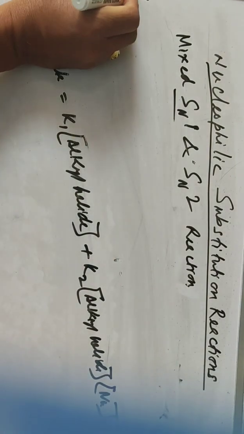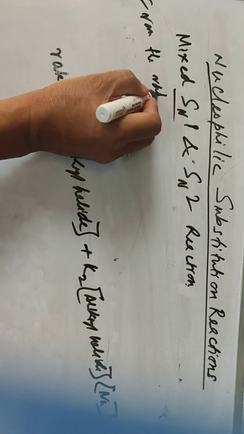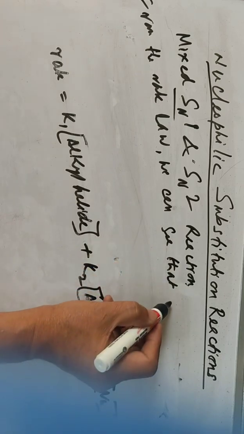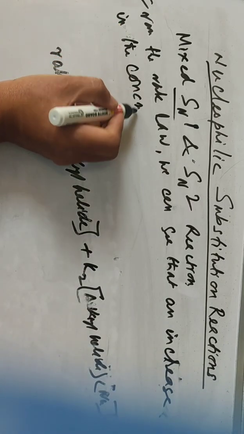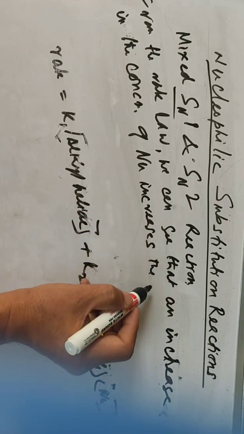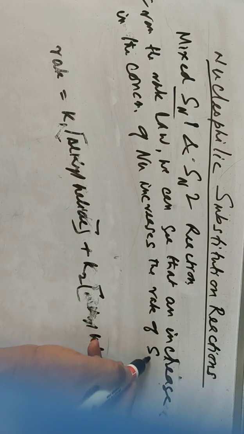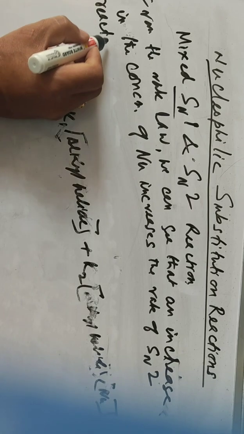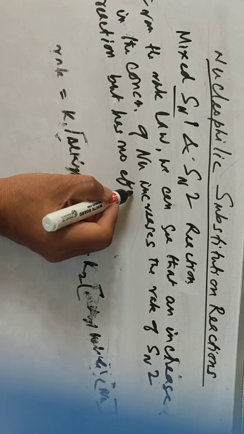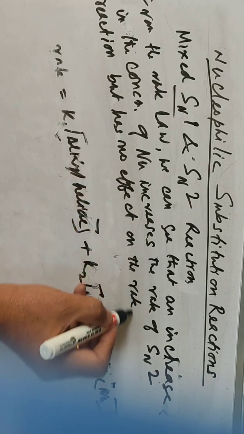We can see from the rate law that an increase in the concentration of nucleophile increases the rate of the SN2 reaction, but has no effect on the rate of the SN1 reaction.